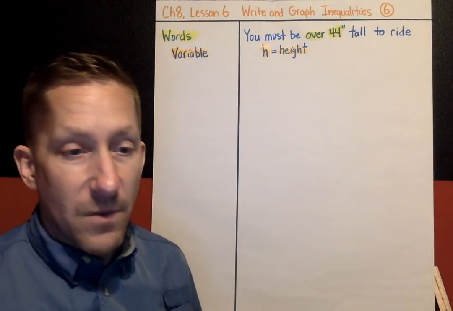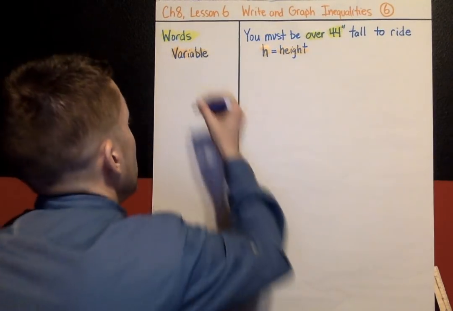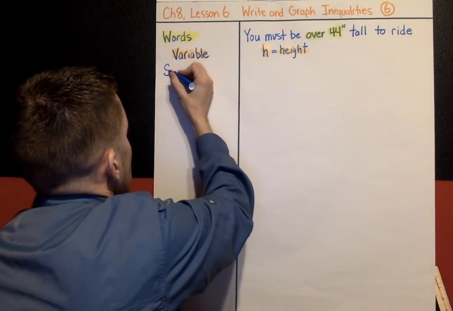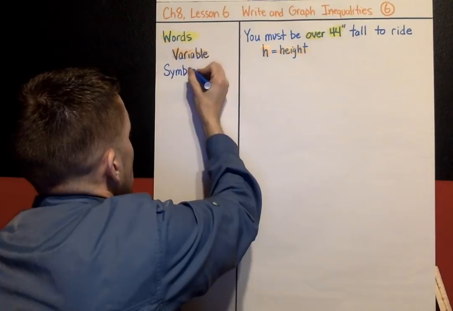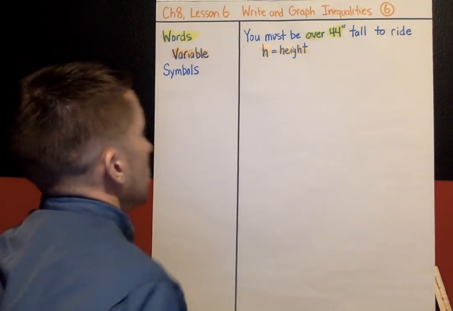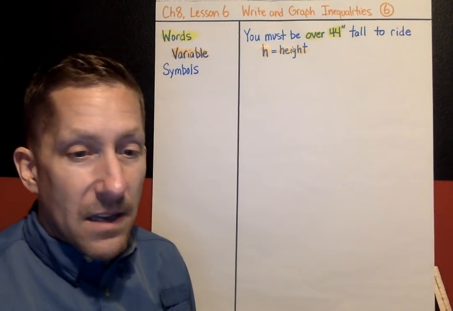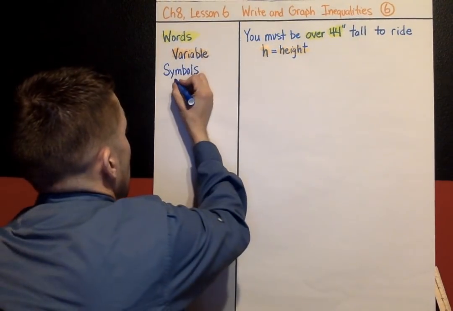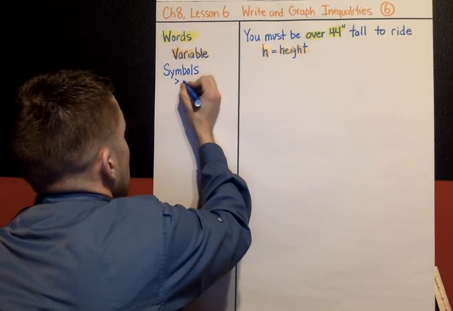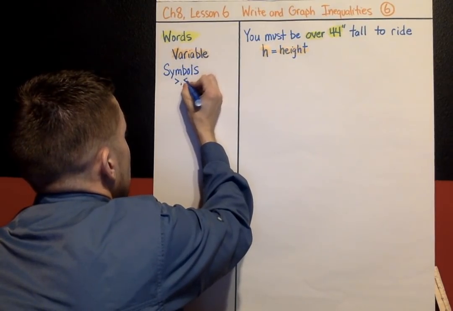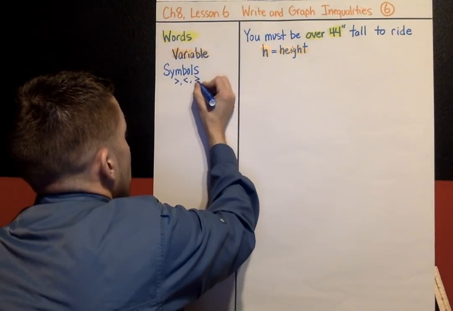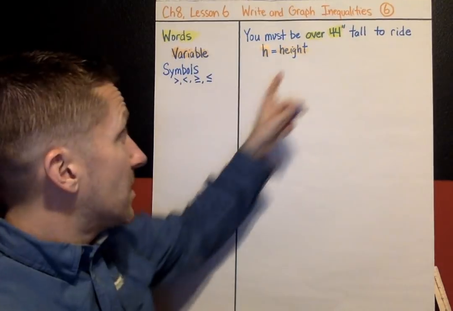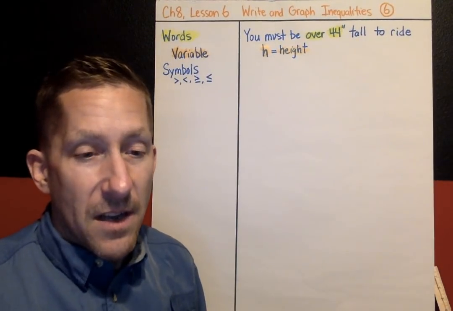And so the next thing you're going to do is work on symbols, translating the inequality using symbols. So we're going to use the inequality symbols. I'll just write them all right here. It could be greater than, less than, greater than or equal to, or less than or equal to. We've got to figure out which one of these is going to work for our situation.